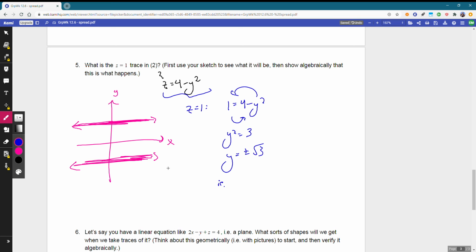In other words, y is root 3, or y is negative root 3. And so here, the y equals root 3 solution set in the xy plane is actually a horizontal line, that we see here. And similarly down here, y equals negative root 3. That solution set is a horizontal line. And so from these 2 possibilities, we get these 2 horizontal lines from our trace.